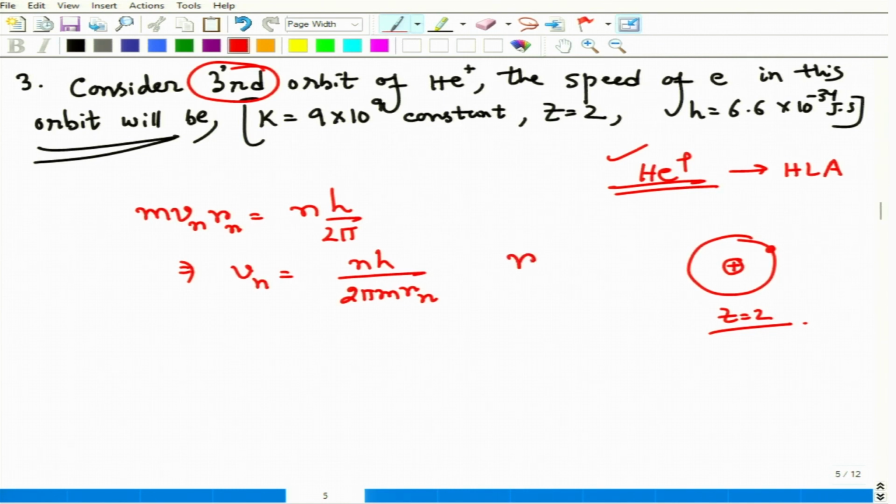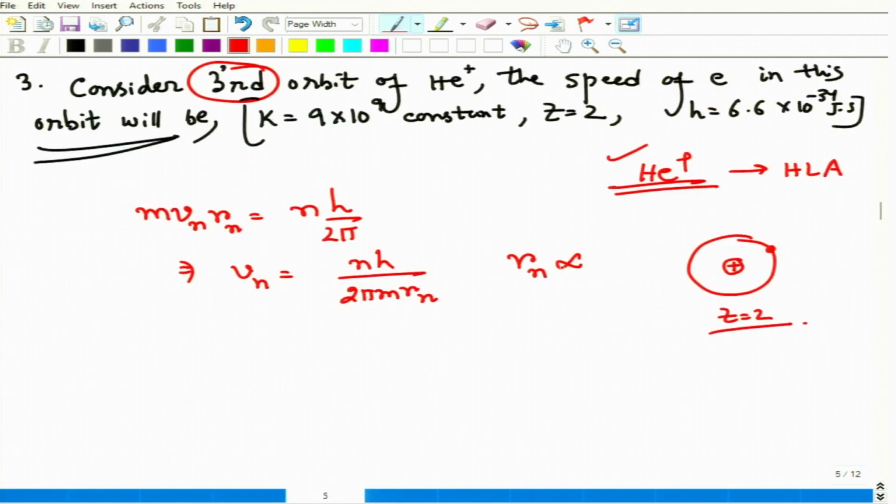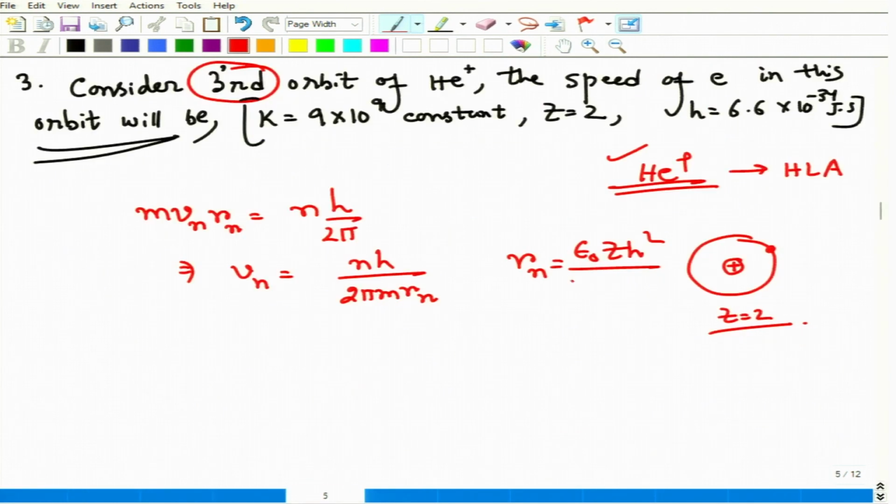If you remember, in our first problem we noticed the formula of r. Here Z is also there, but for the hydrogen atom there was no Z. The formula of r is epsilon naught Z h square divided by pi m square. So this is the r_n.